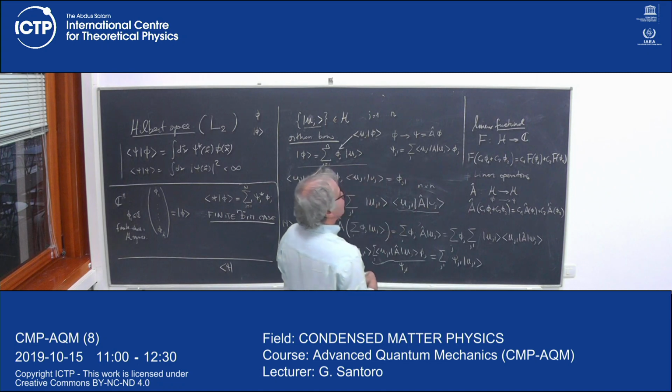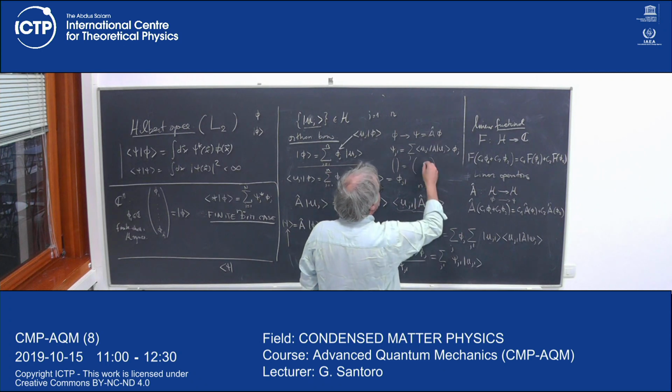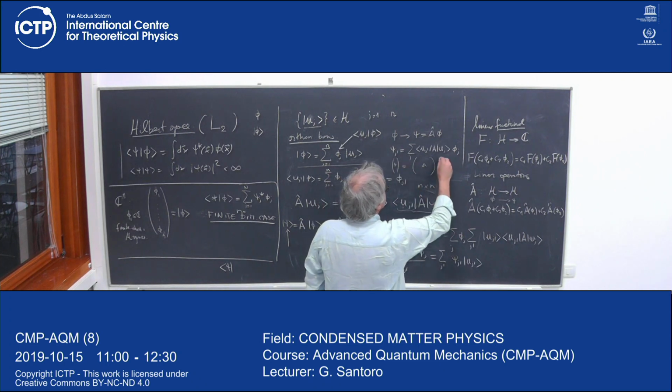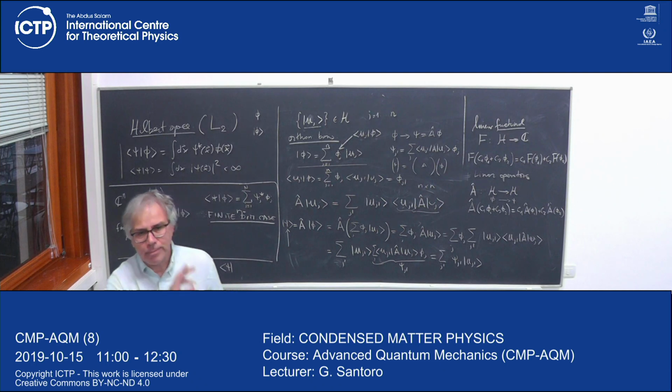Okay? So in other words, the column vector of psi is equal to the matrix of A times the column vector of phi, in the usual matrix product way. Okay? So, end of this little story.